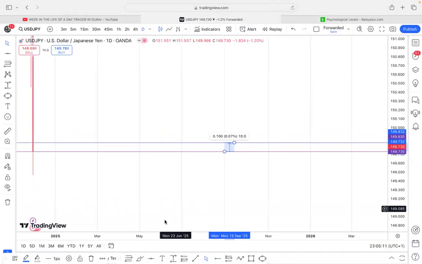So for example, USDJPY, the current price being 149.730. Now, what is going to be our 50 pip movement? We know that our first decimal place is where we are going to start to calculate our 50 pips from.